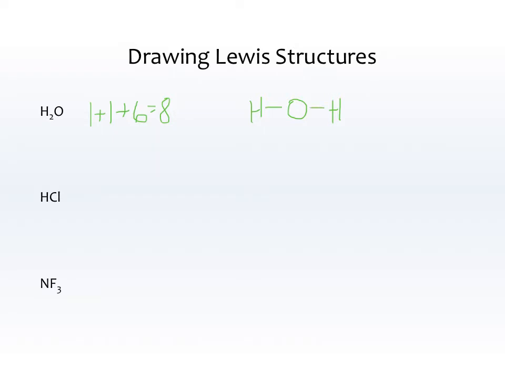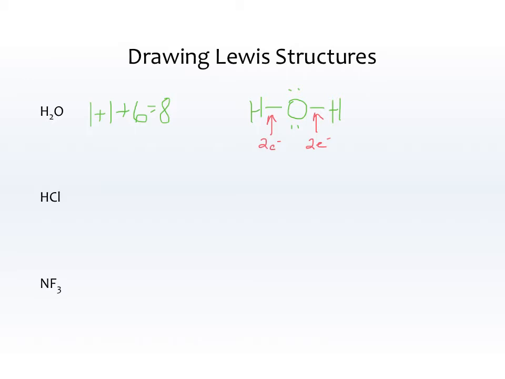Next rule is give everyone an octet. Hydrogen does not need an octet, so it's good. Oxygen does, so I'm adding extra electrons. The bond here counts as 2 electrons, and the bond there counts as 2 electrons. So with those 2 electrons plus the 4 extra electrons and the 2 lone pairs, that's an octet for oxygen.